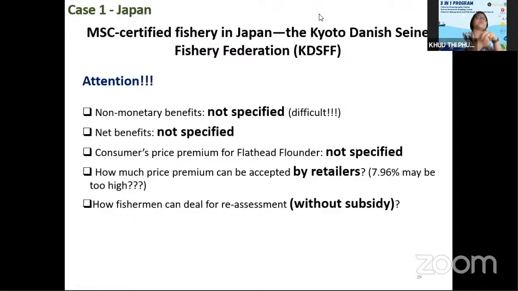And how much price premium can be accepted by retailers? Because when we want to sell our product to Aeon supermarket, something like this, they require a minimum price premium of around 80%, and it's too high for retailers. And how much are they willing to pay for this, and how can fishermen deal with reassessment without subsidy? This is the most important thing. And I think some things are very similar to us.